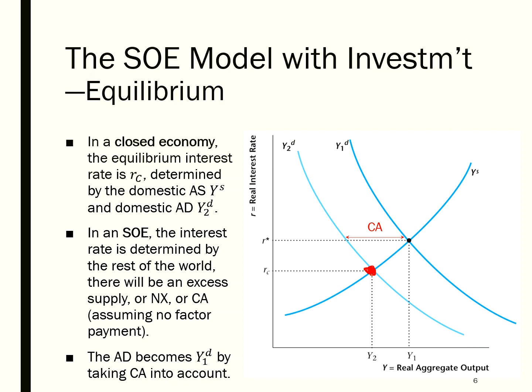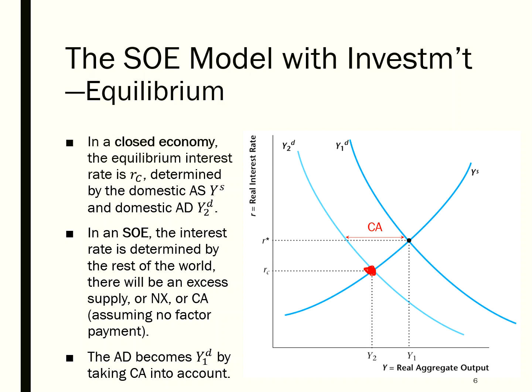If there is a net export or positive current account, then the aggregate demand curve will be higher than the domestic aggregate demand. The gap between the two aggregate demands will be the current account. This is how we derive the general equilibrium in the output market in a small open economy, in contrast with the closed economy.